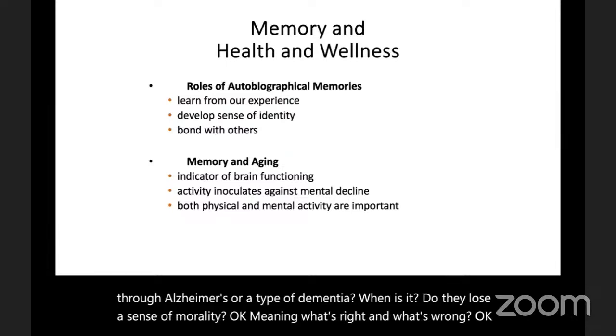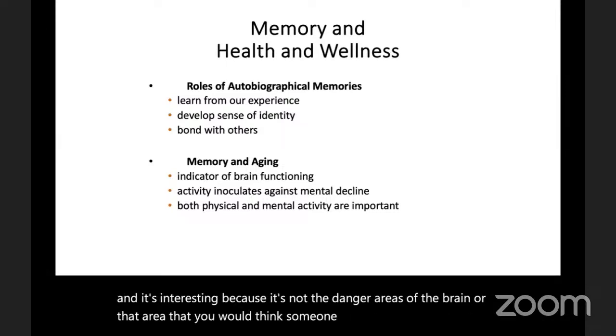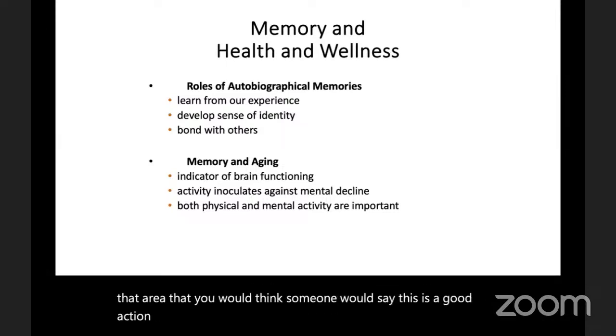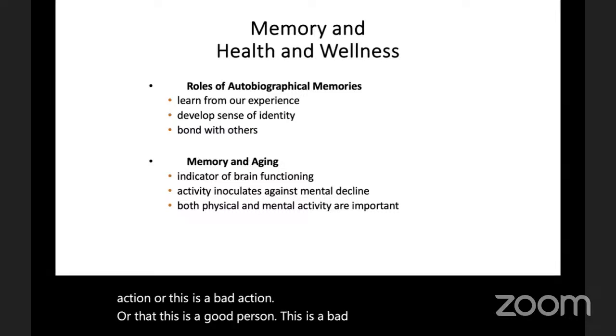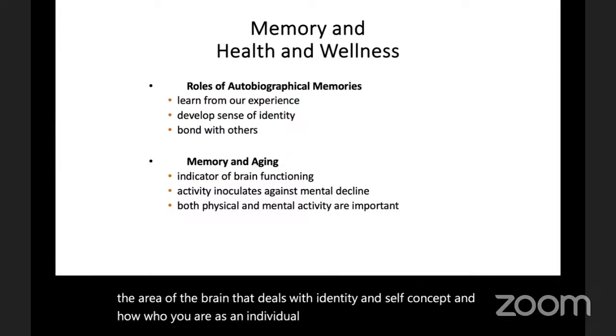And it's interesting because it's not the danger areas of the brain or that area that you would think someone would say this is a good action or this is a bad action, or that this is a good person, this is a bad person. No, it's actually the area of the brain that deals with identity and self-concept, and who you are as an individual.